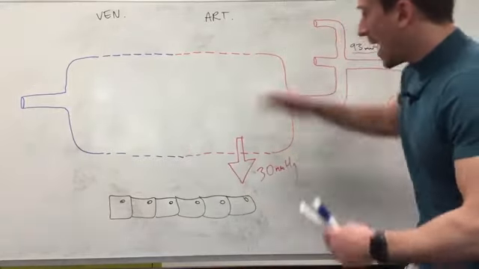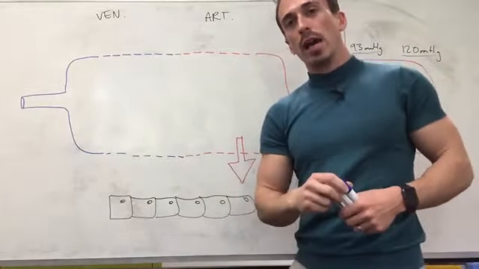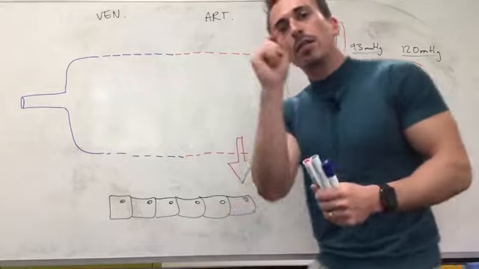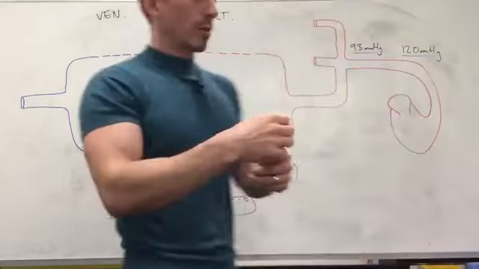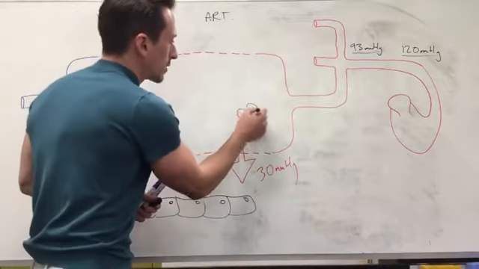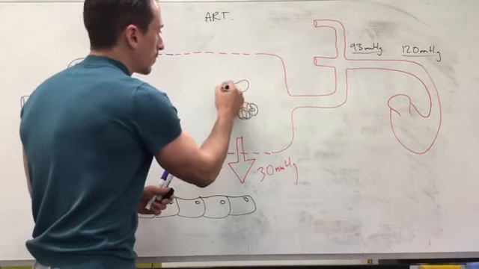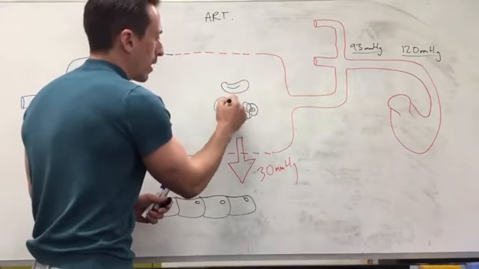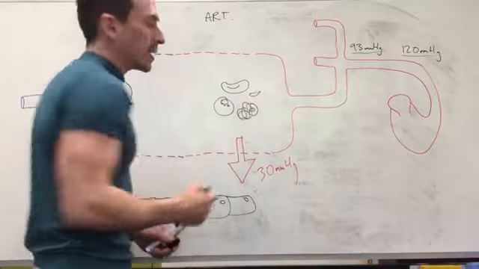Now, what's coming out with this push? Well, fluid is coming out, oxygen's coming out, nutrients are coming out, anything that's small enough to get through these holes. But what isn't small enough to get through these holes? Well, proteins aren't small enough, they can't get through. Cells, like red blood cells and white blood cells, can't get through, for example. Platelets can't get through.